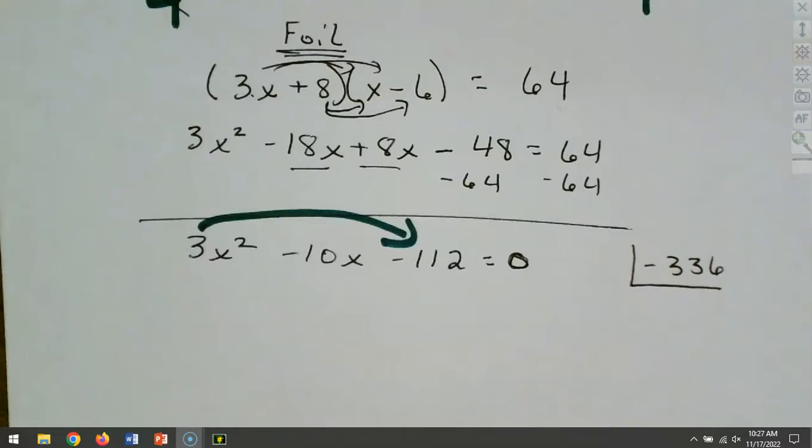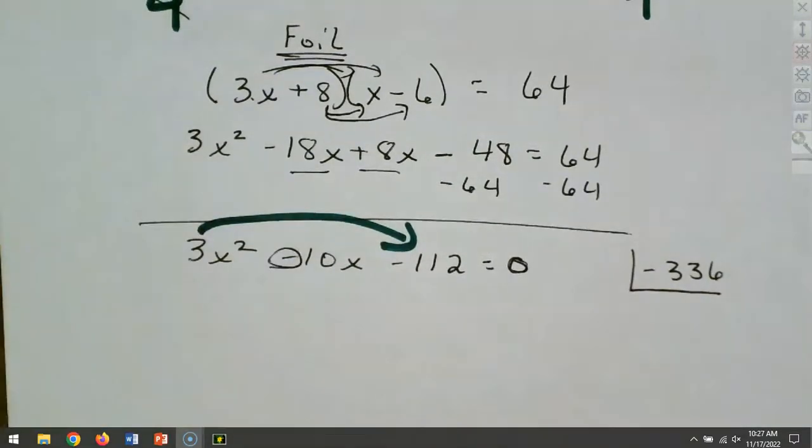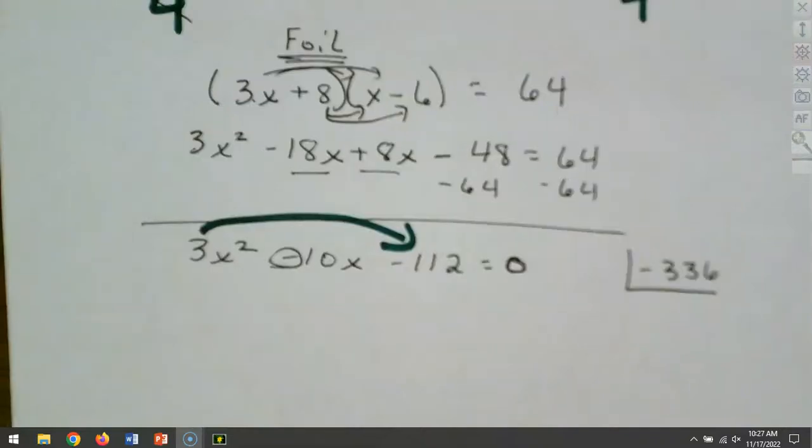What do we know about that 336? It is a what? Negative, right? So if it's negative in that box, what do we know about the signs? They are different, okay? What's the sign in the middle? Negative.